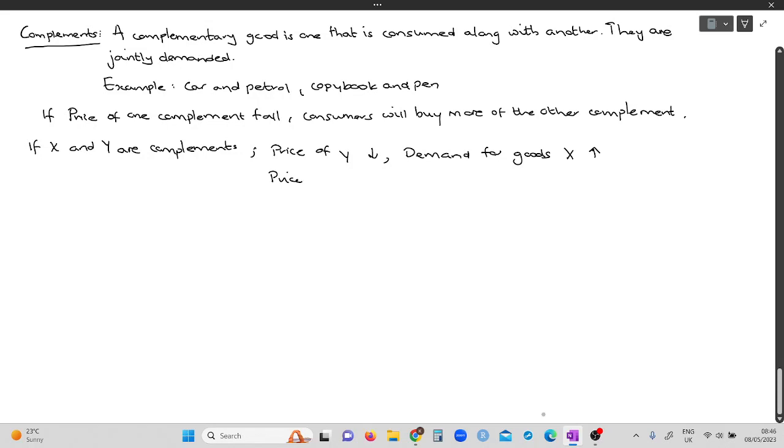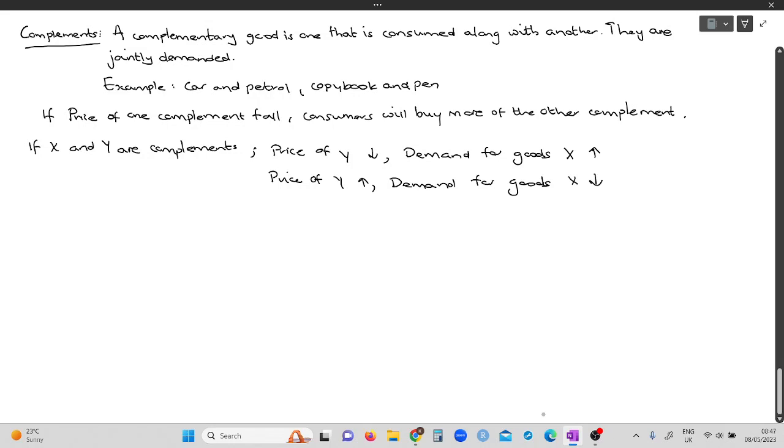If the price of Y increases, the demand for good X will fall. So this is the relation between complements, et tout à l'heure on avait fait substitutes.